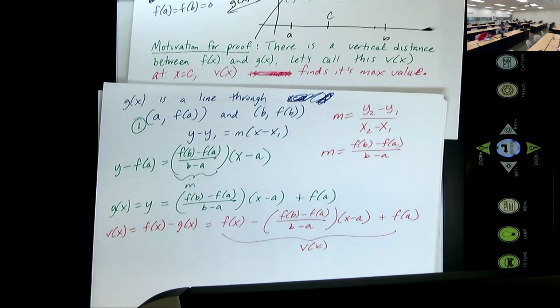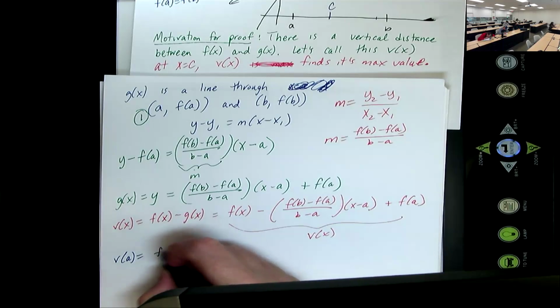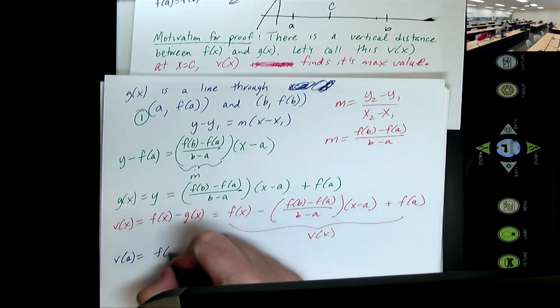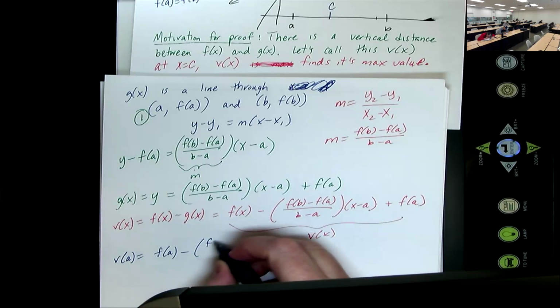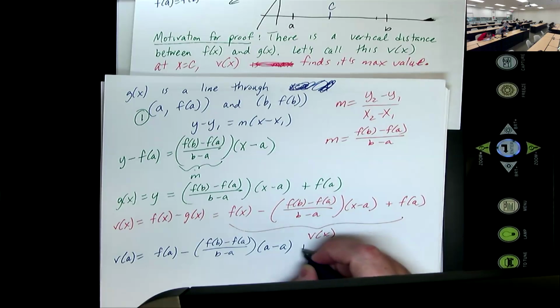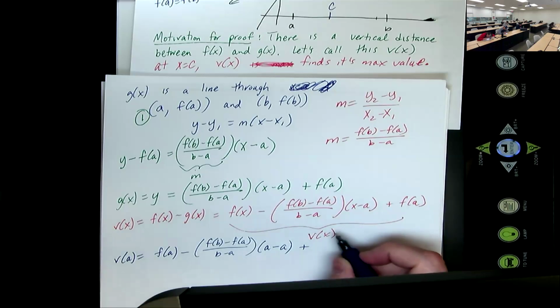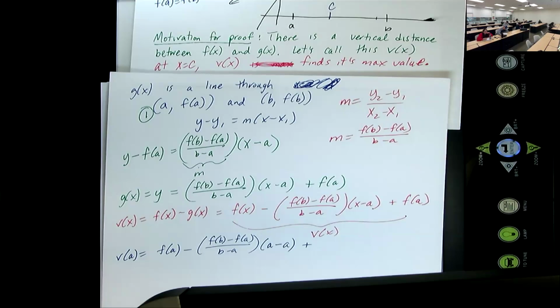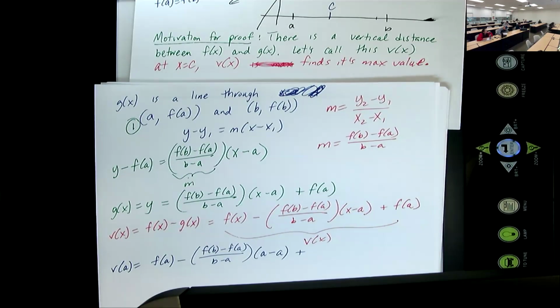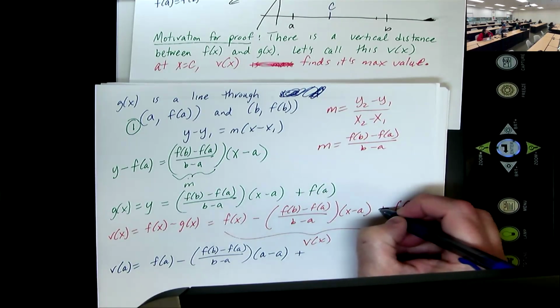So, what happens at b of a and b of b? We look at b of a. I'm just replacing x's with a's. I have f of a minus f of b minus f of a over b minus a times a minus a plus. Oh, I subtracted it, and I didn't apply that subtraction there.